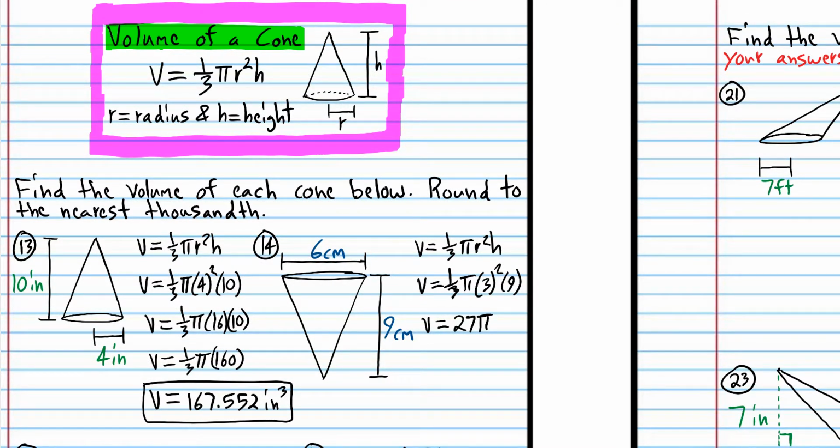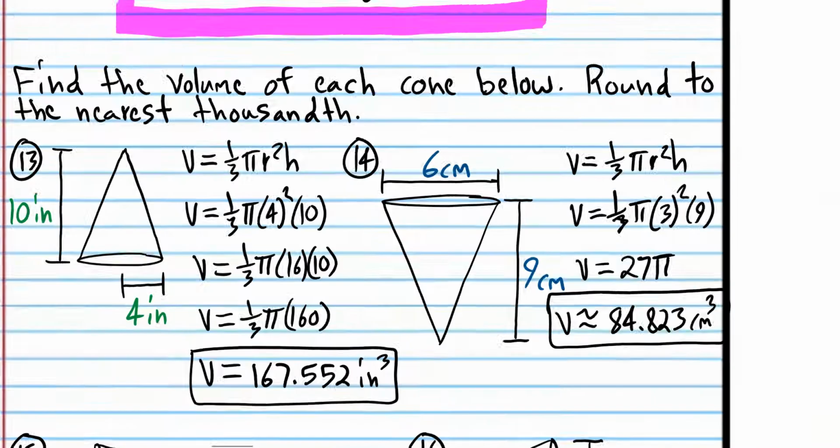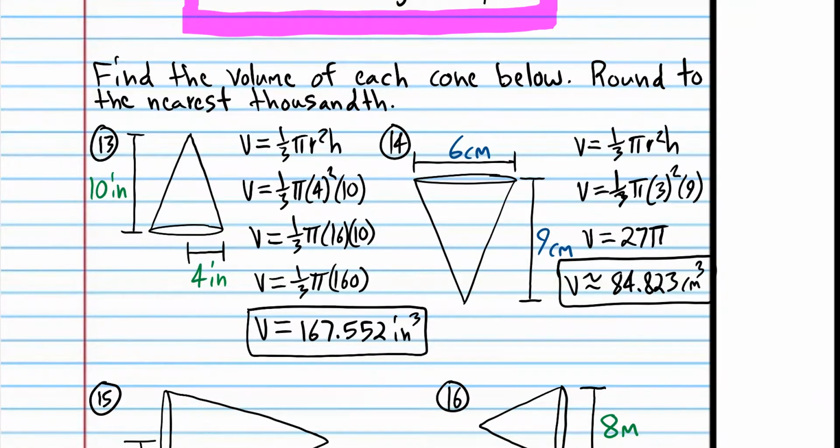So 27 times pi equals 84.823. And I forgot to write an approximately equal to sign in the previous problem. Remember, whenever you round off, you have to write approximately equal to, and that is cubic centimeters. So over here, let's change this to approximately.